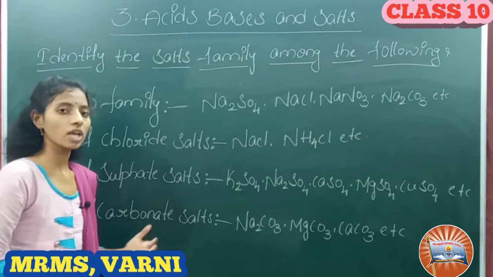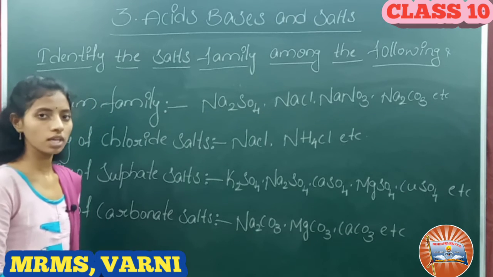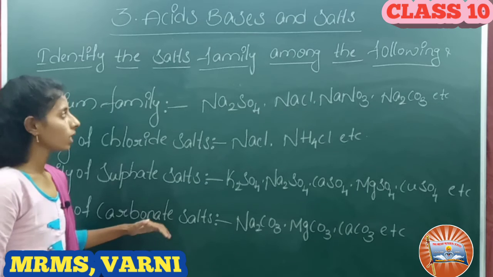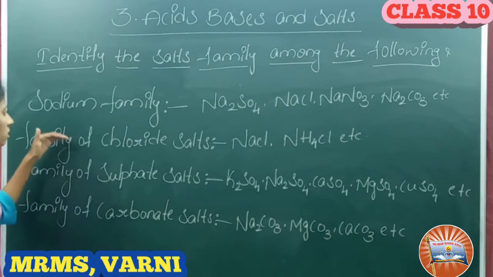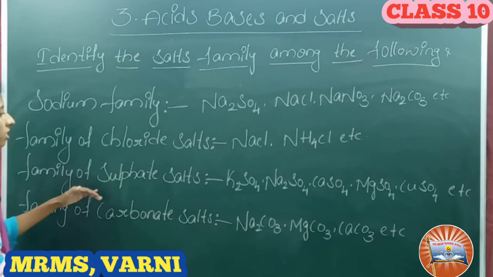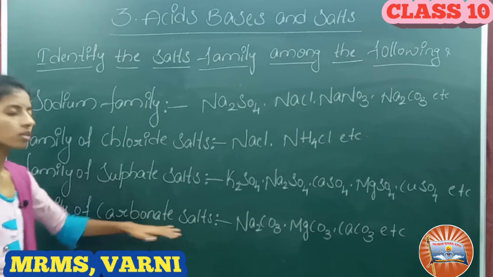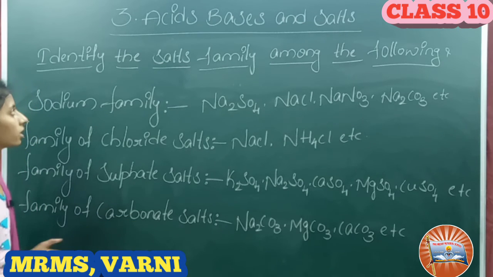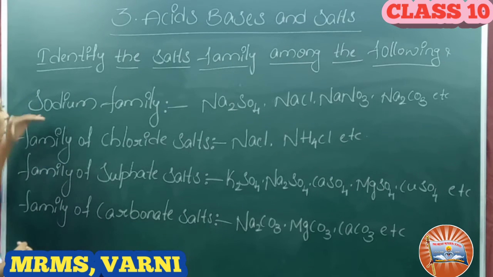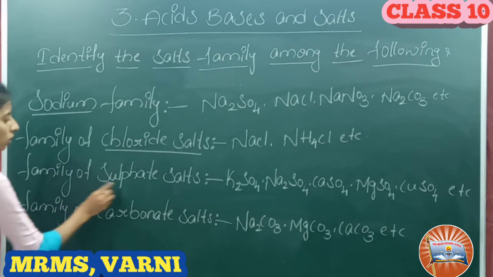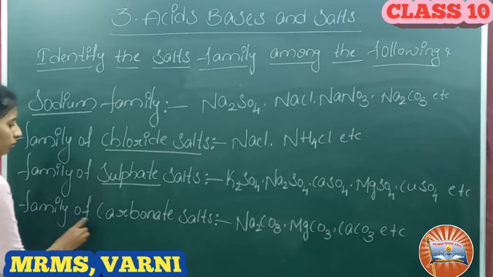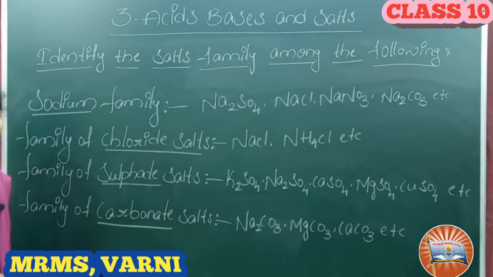That means from which acid and from which base the salts are obtained. Now we are going to find the salts family among the following. That means the sodium family and chloride salts family, sulfate salts family and carbonate salts family. Here specifically we are saying sodium family, chloride salts family, family of sulfate salts, family of carbonate salts.